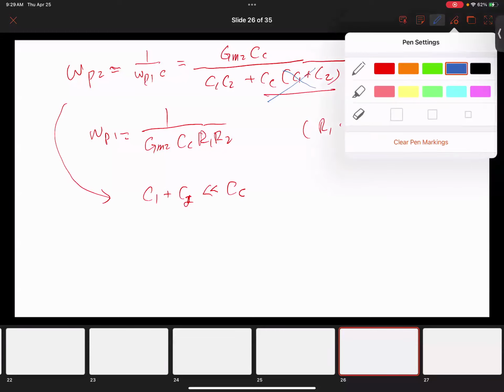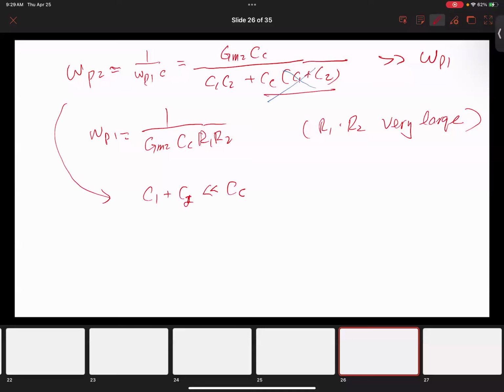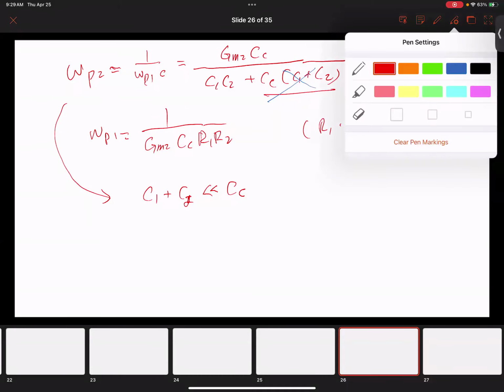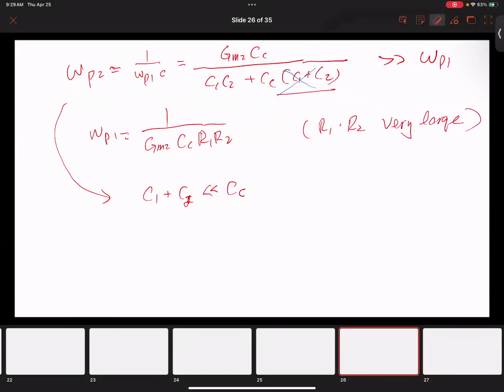C1 and C2, normally the capacitors, are much smaller than CC.